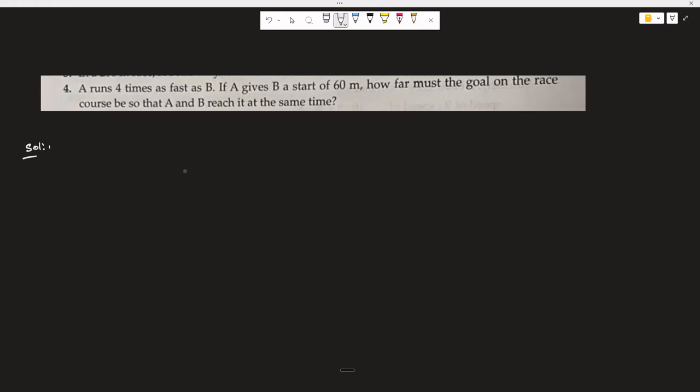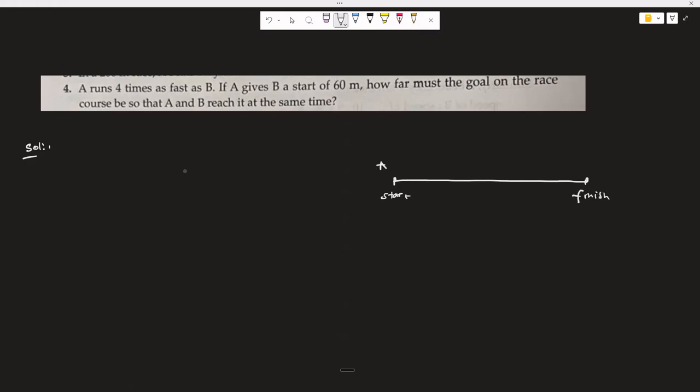So being a speedy and perfect player, as he thinks, Mr. A gives a challenge to B that he can move forward towards the finishing point, 60 meters ahead of A. So let us design the framework. This is the starting point and this is the finishing point.